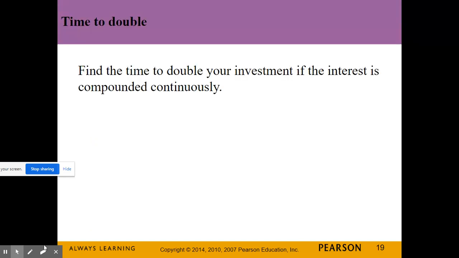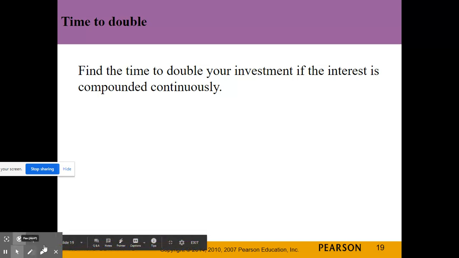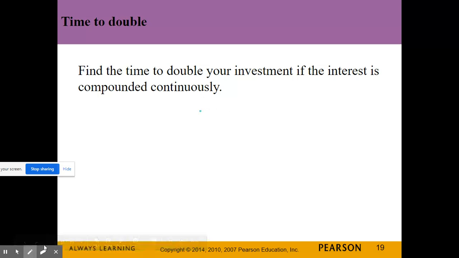Find the time it would take to double your investment if the interest is compounded continuously. It's just a slightly different formula, right? For compounding continuously, it's A is equal to P times e raised to the power of rt.